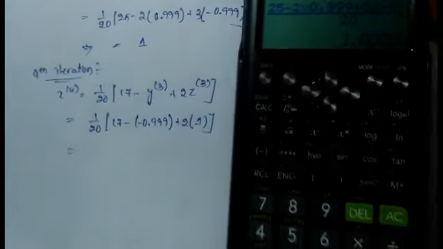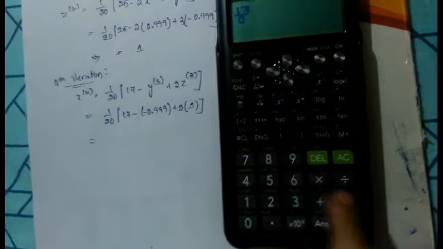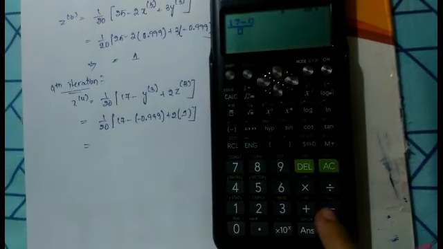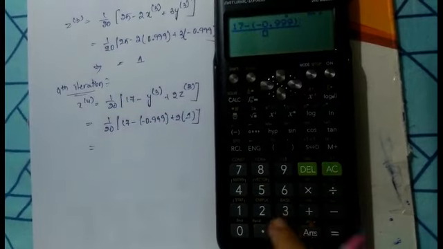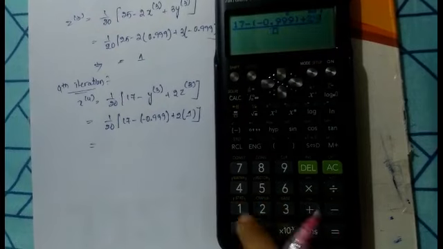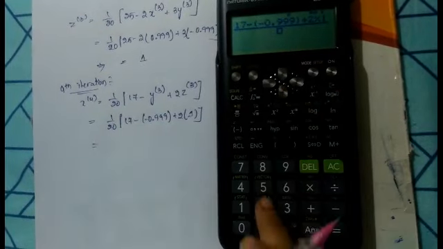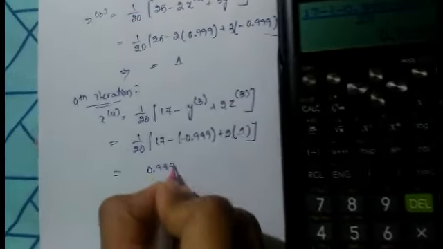Then enter the values here, click on AC. Then the fractional one, 17 minus open brace minus 0.999 close the brace plus 2 into 1. Get the cursor into the denominator, enter value 20, got the value as 0.999.